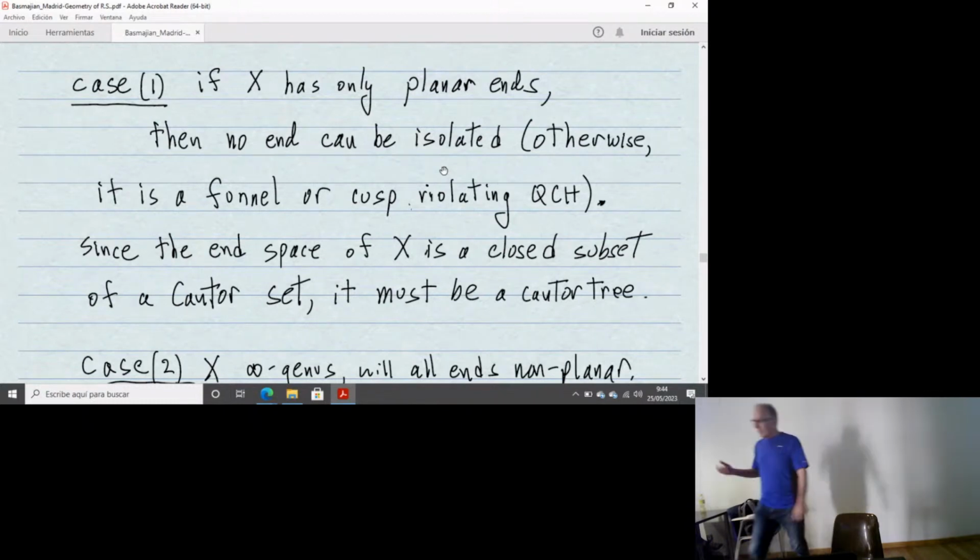But the ends form a closed subspace of the Cantor set, right? And if all ends are limit points, that tells you that this has to be a Cantor set. So if the genus is 0, and you're infinite type, and you're QCH, then you really have to be topologically a Cantor tree. Your space of ends has to be a Cantor set. And then the argument for infinite genus is simple.